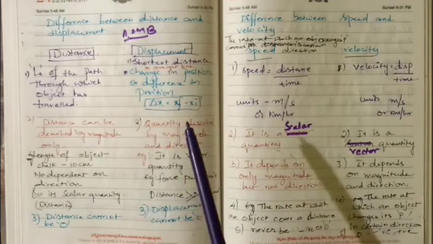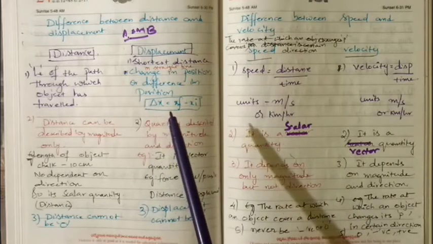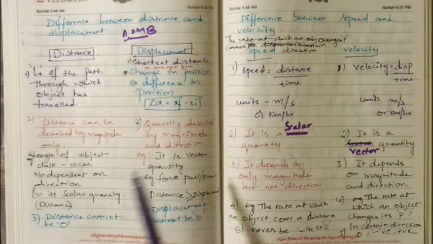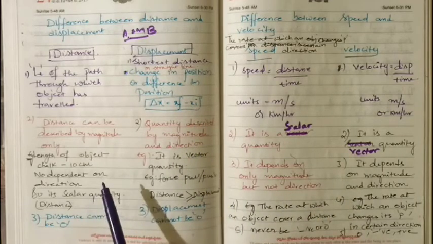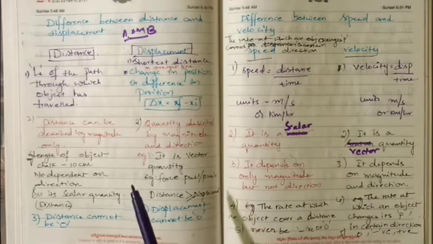It depends on the initial and final position, and point to be noted, it is the shortest distance in a straight line. And distance is a scalar quantity. What do you mean by scalar quantity? Scalar quantity means it depends only on the magnitude. What do you mean by magnitude? Magnitude means the value given to that particular distance.